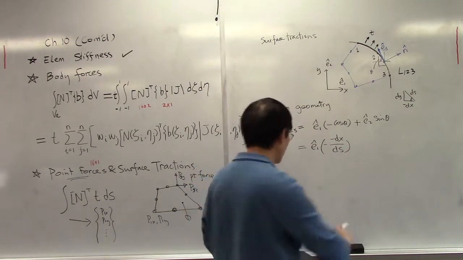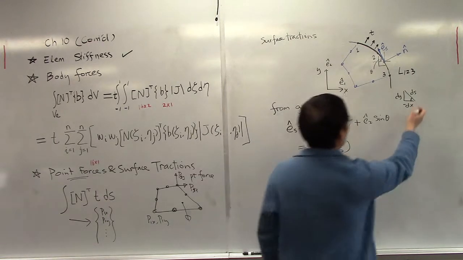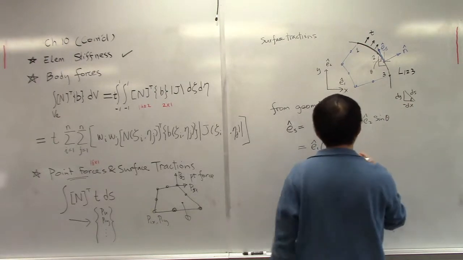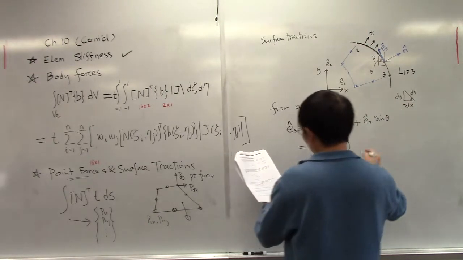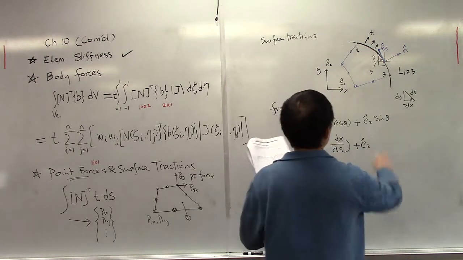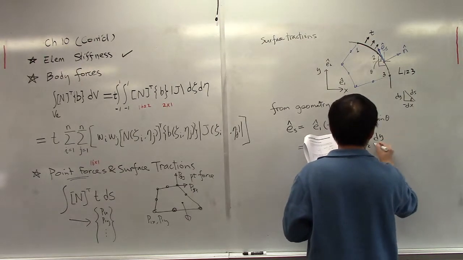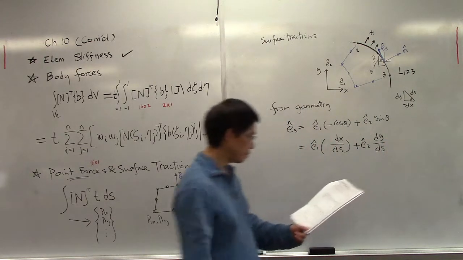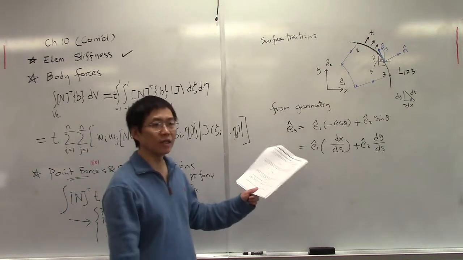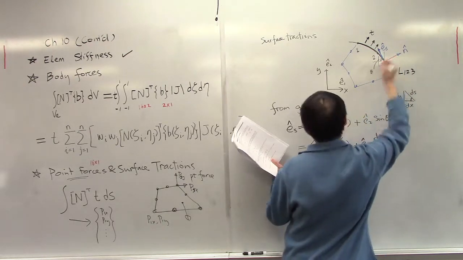Okay? So we can just get rid of this negative sign, because when you go this way, dx is pointing this way, it's negative. Then plus E2 times sine theta. Sine theta is obviously dy over ds. Okay, so this is the tangential direction of a line element here.